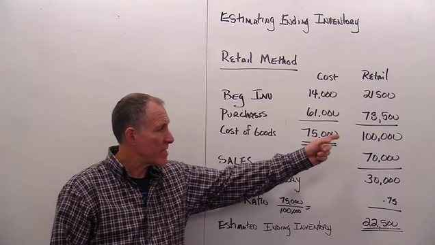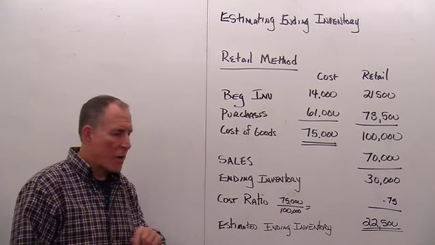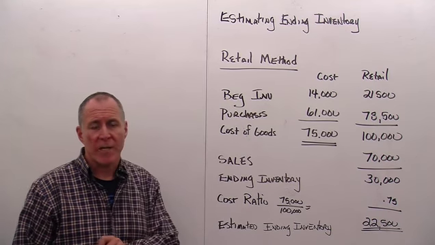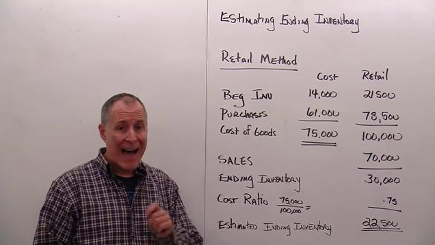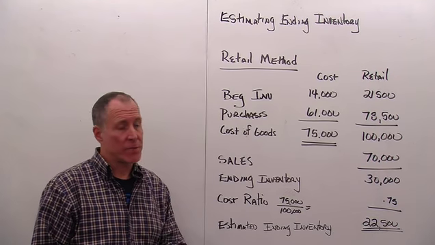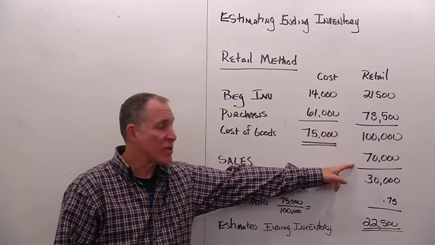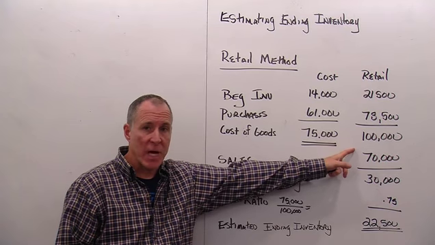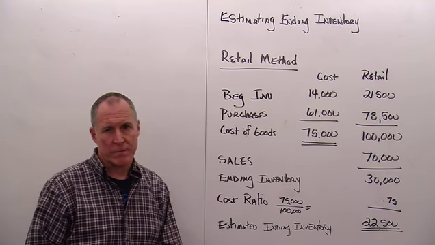At retail it is 100,000. Now, the information also told me what I sold, but only at retail. It didn't tell me the cost of the goods that I've sold. I need to try to figure that out. So if I had goods available at 100,000 and I sold 70,000 of them, that leaves me ending inventory of 30,000.